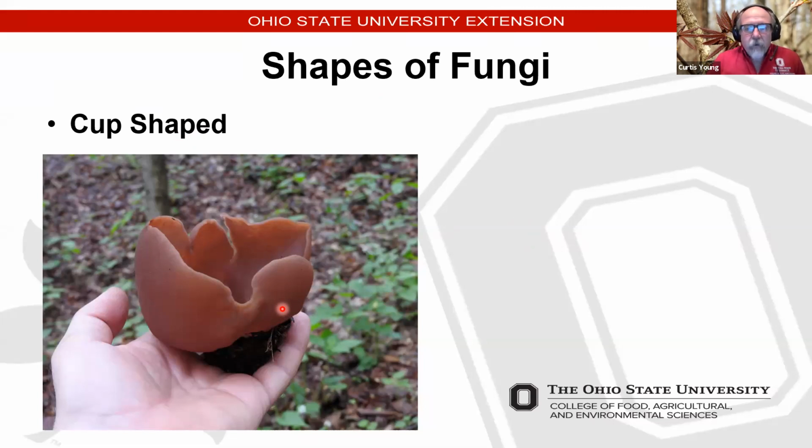And there are some other anatomical differences between Basidiomycota and Ascomycota, but its spore-producing surface is on the interior of the cup. And they have a pretty interesting genus name. It is the Peziza, and almost looks like pizza when you look at the spelling just on a first glance. And there are several different species in that particular genus.